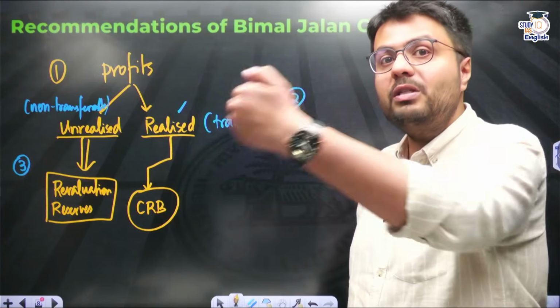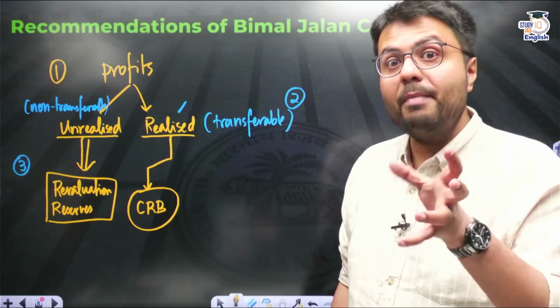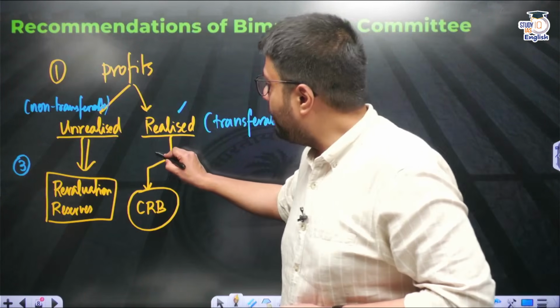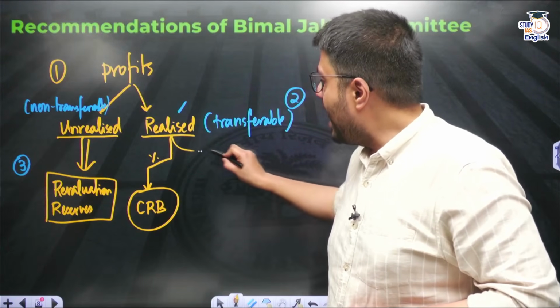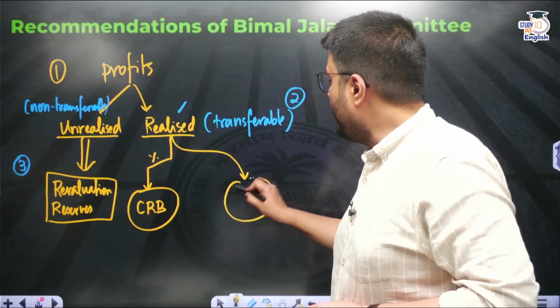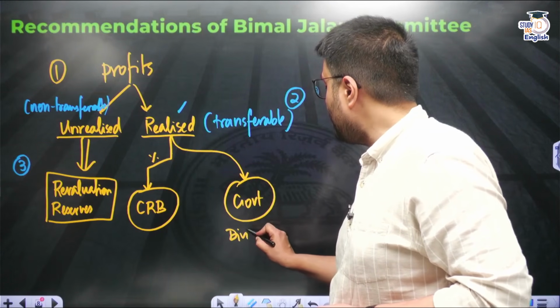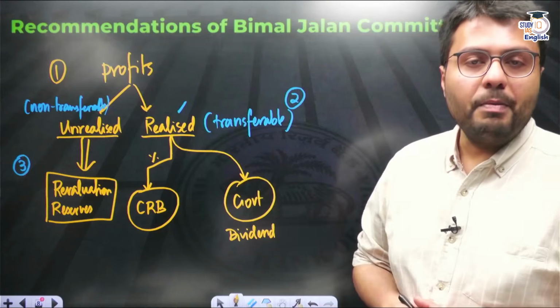What if the loans it has given to any entity fail to get repaid? So how would RBI make provisions for those losses? From the contingency risk buffer. So a percentage of realized profit would go to the contingency risk buffer, and the rest of the money would be transferred to the government as part of its dividend. So this was the third recommendation of the Bimal-Jalan Committee.